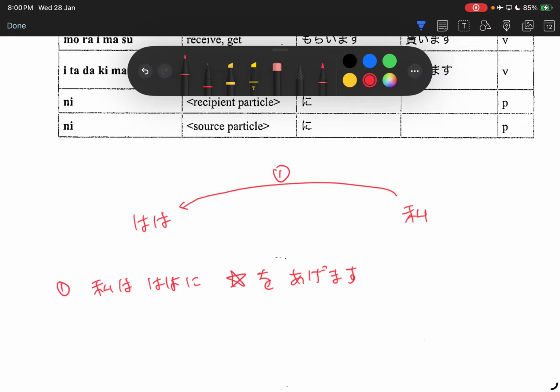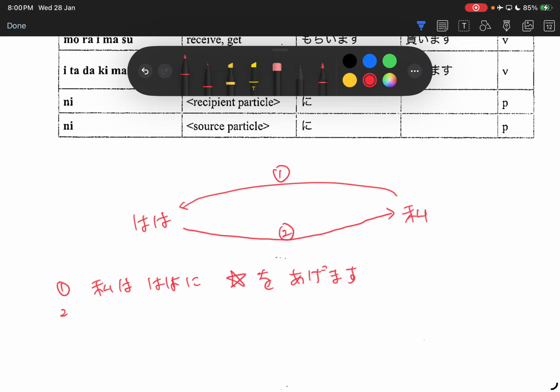Watashi wa haha ni something o agemasu. I give to mother. So this is how number 1 looks like, from me to mother.